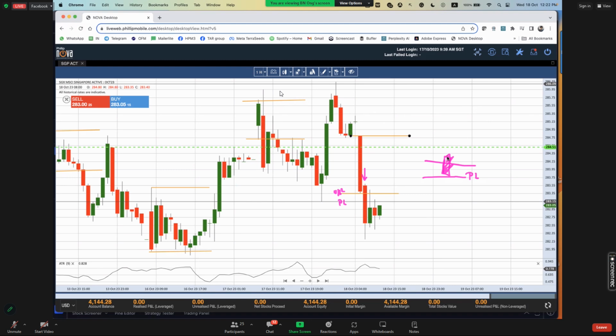In other words, if you want a good signal, it is necessary for price to close below the previous low, or close above the previous high. I'm just going to pause here and see whether you have any questions. Basically, the previous low and the previous high act as support and resistance. That's all.